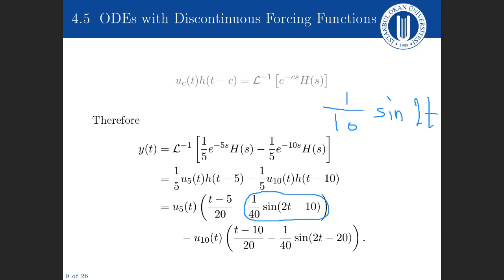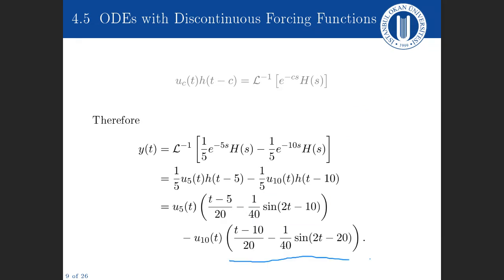Replace the t by t minus 5, so we get sine of 2t minus 10. Sorry, that's wrong. It was 1 over 8 sine 2t it was. 8 multiplied by 5 gives the 40. And then in the second term, we're doing exactly the same, except instead of t minus 5, we're putting t minus 10 in.